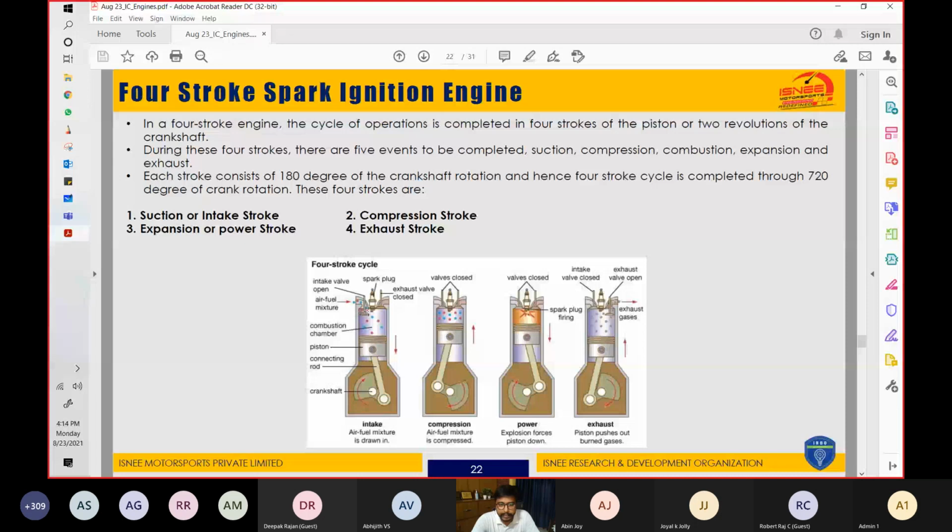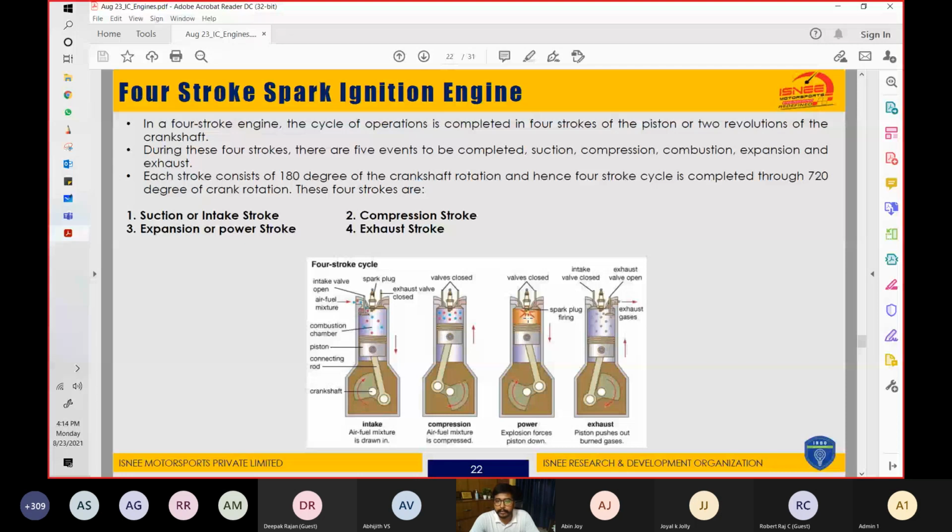So when this fuel comes in, and this is basically the compression stroke. So as soon as this area reduces, this piston starts coming up, and as soon as it approaches the top dead center, the spark plug fires, or if it is compression ignition, the self-ignition temperature will be reached.